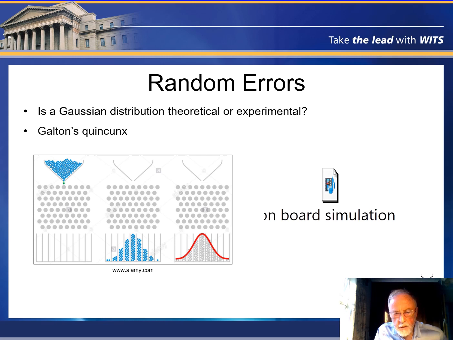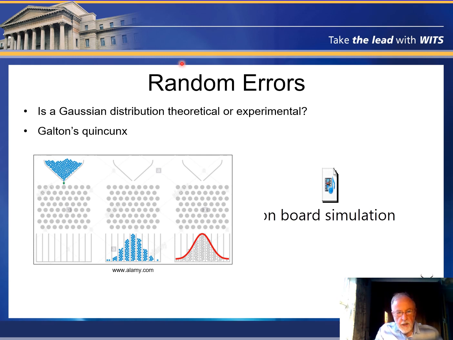Here's a demonstration that helps us to understand whether a Gaussian distribution is theoretical or experimental. And if I was giving this talk live, I would do the demonstration. I've got a demonstration apparatus in the physics department here at Wits.